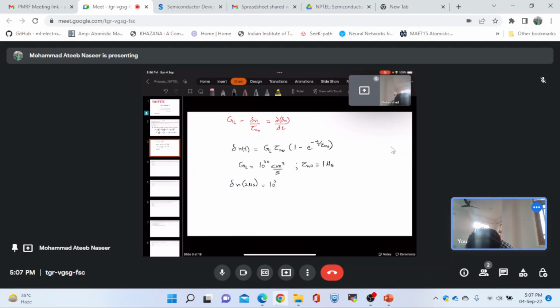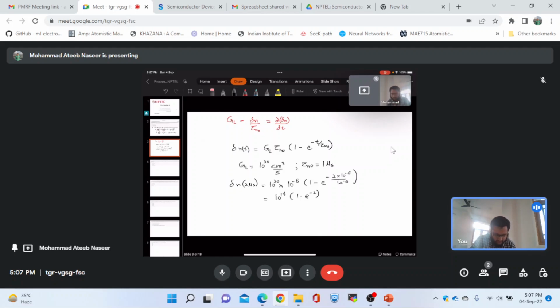This will be 10 to the power 20 into tau n naught, which is 1 microsecond, so 10 to the power minus 6. This will be 1 minus exponential of minus 2 into 10 to the power minus 6 divided by 1 microsecond. So this will simply be 10 to the power 14 times (1 minus exponential of minus 2).